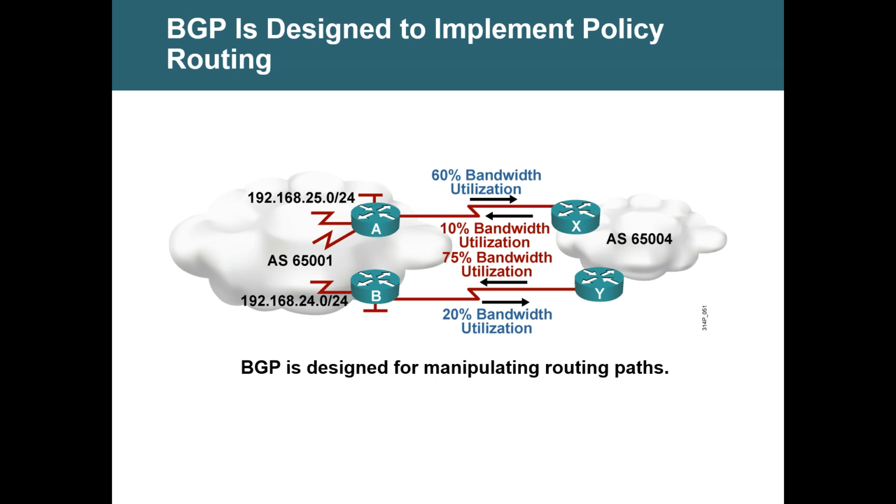This is explaining the requirement. This is explaining that we have policies. This picture explains what sort of policy we need between the autonomous systems.